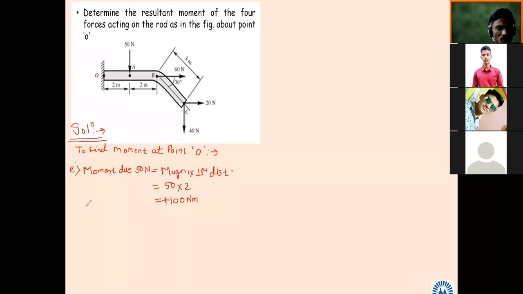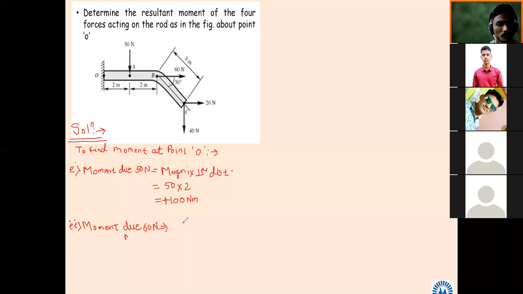Next force now, 60 Newton. So I will write here: moment due to 60 Newton force. So what will it be? Apply the mind and tell me. At point B, force is applied horizontally, along the x-axis.